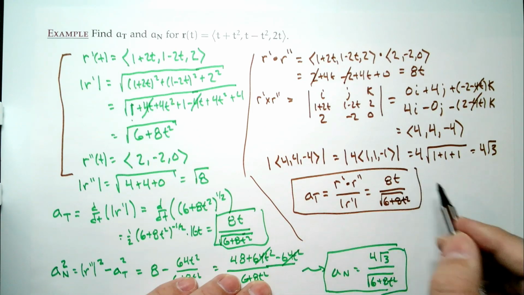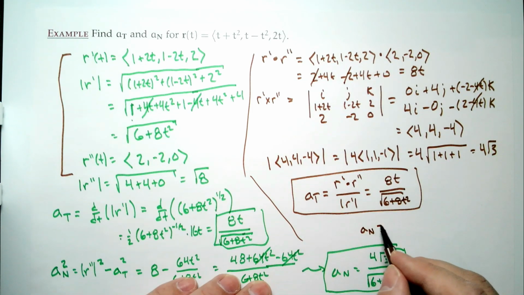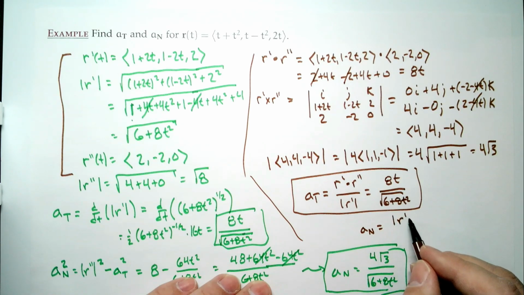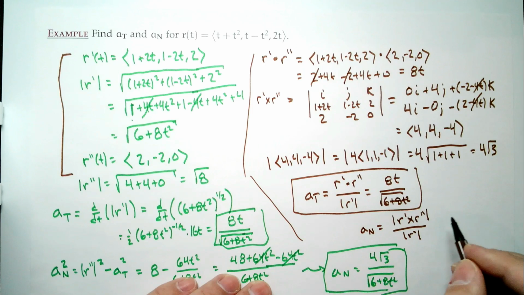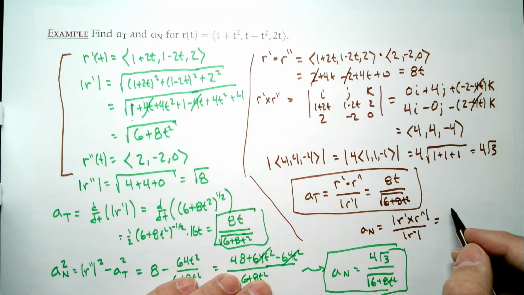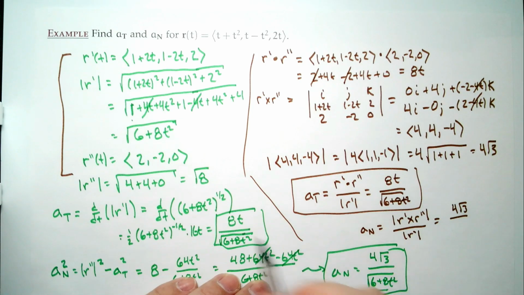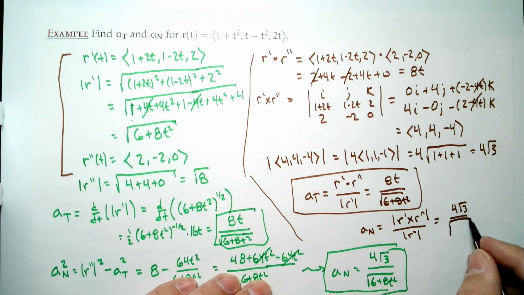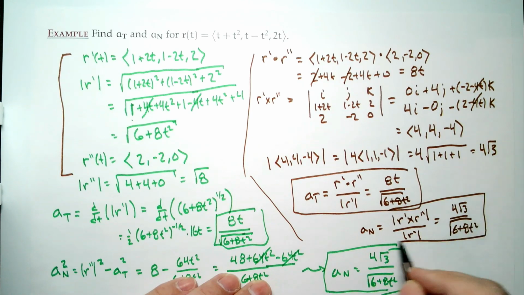Good. And a sub n, that's the magnitude of r prime cross r double prime over magnitude of r prime. Well, we found the magnitude of the cross product, that's 4 root 3. And then magnitude of r prime, square root of 6 plus 8t squared. Again, done.